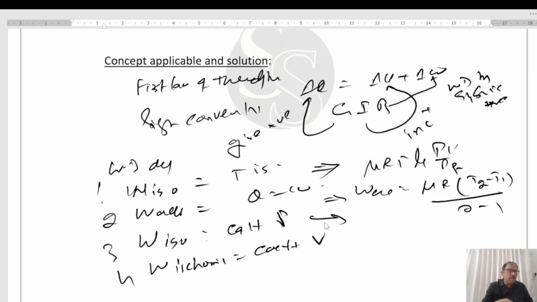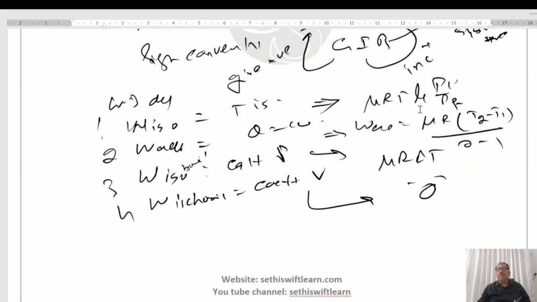For isobaric, W is mu R delta T. For isochoric, it is 0, right?